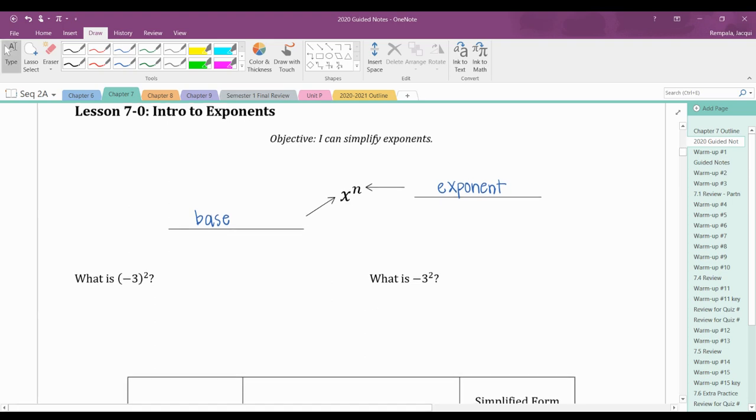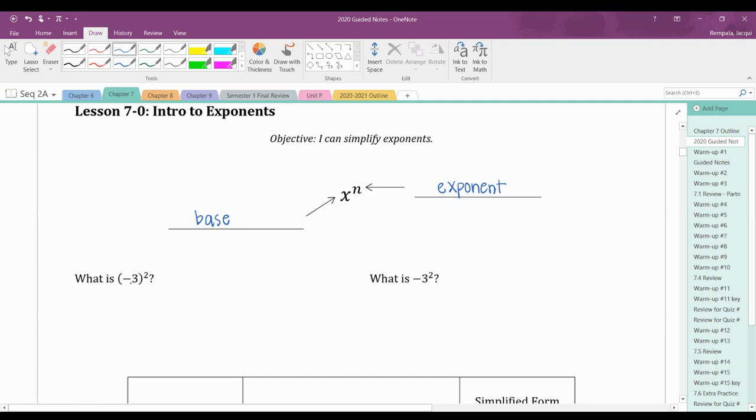So now I want to look at this. It says, what is (-3) squared? Well, an exponent is going to tell you how many times you are going to be repeating the base. And when you repeat the base, you essentially are going to be multiplying them.